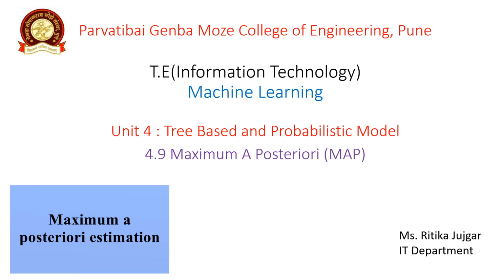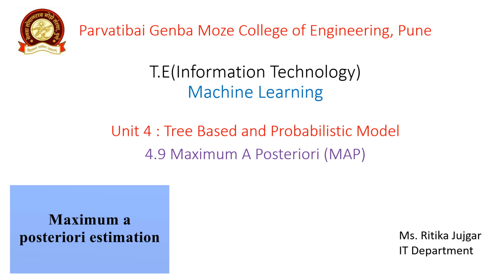So in the course of machine learning, we started our Unit 4. Unit 4 is based on tree-based and probabilistic models. We already covered the tree-based topic, and the second topic is the probabilistic model. In the probabilistic model, we already discussed what a probabilistic model is, conditional probability, Bayes' theorem, and density estimation.